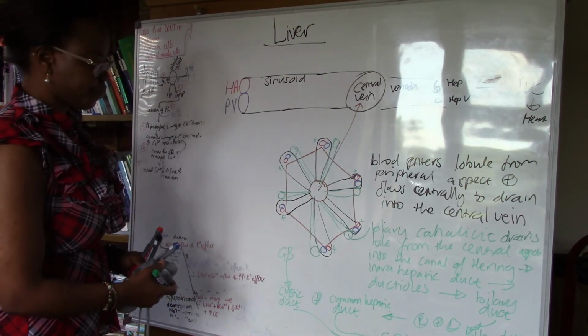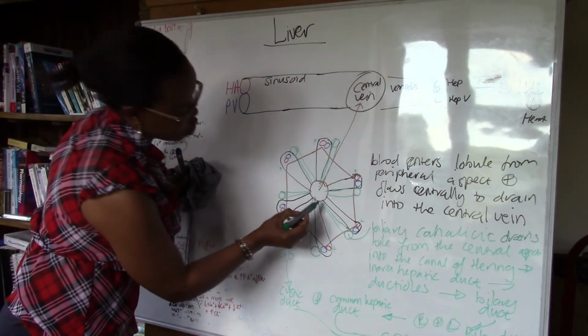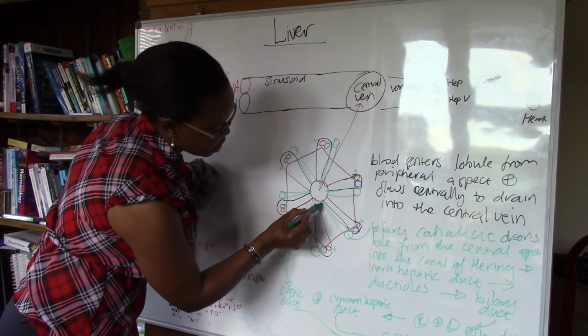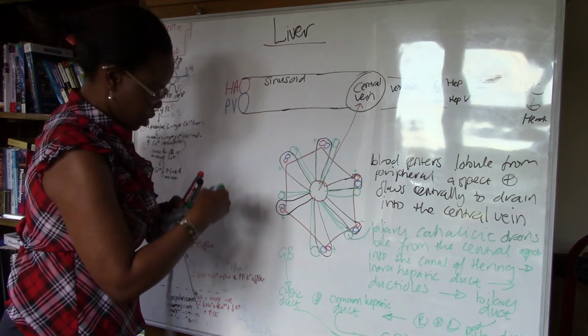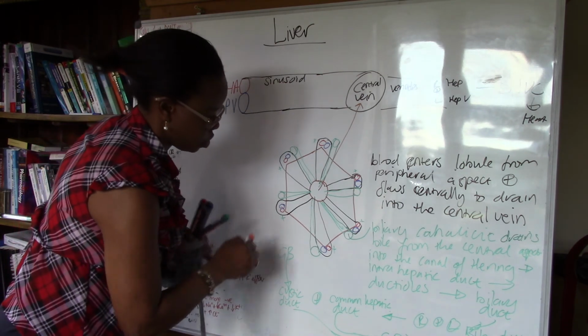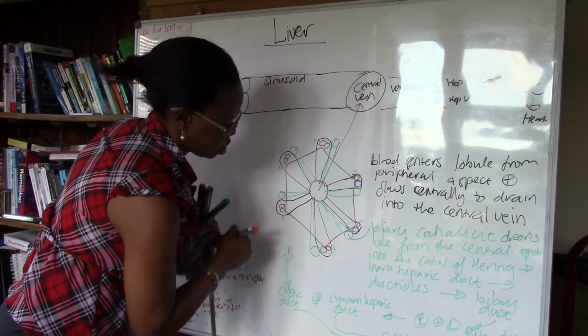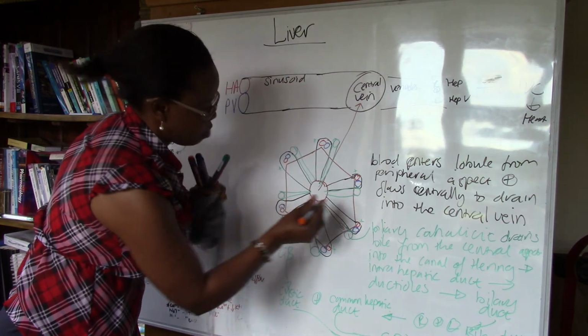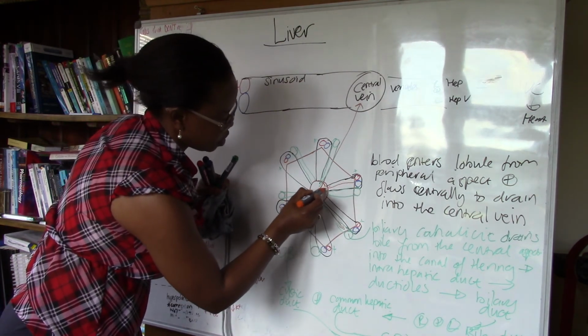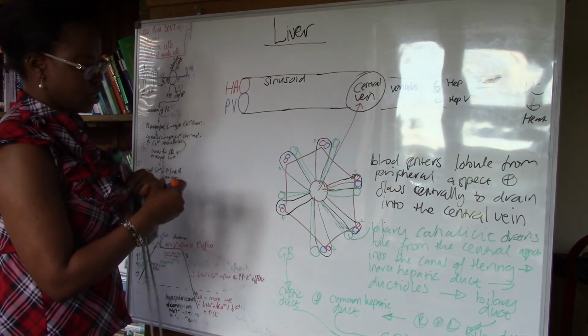So then really, bile drains this way from the central to the peripheral. I should have used a different color just to make the point. So bile drains this way, and blood flows centrally, really.